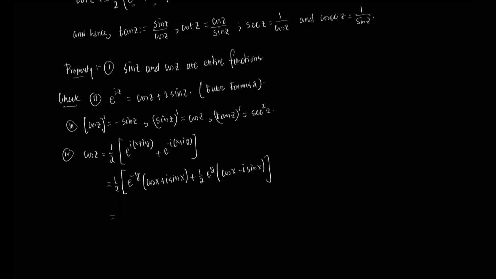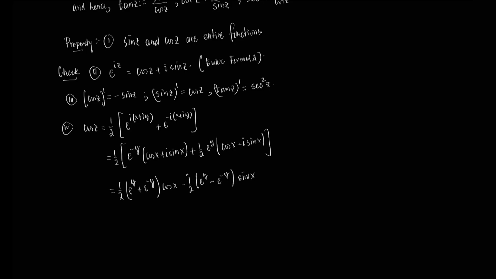Now, if we put everything together, you can show that this is nothing but half (e to the power y plus e to the power minus y) cosine x, minus i by 2 (e to the power y minus e to the power minus y) sine x. Clear? So you can write it like this.